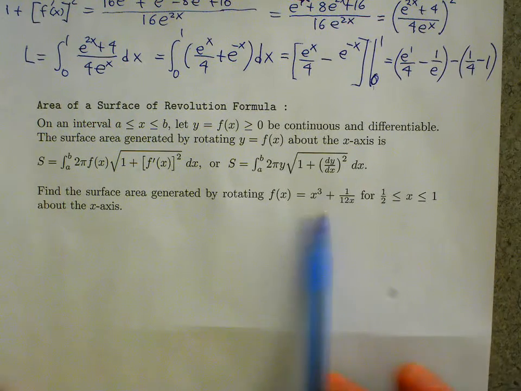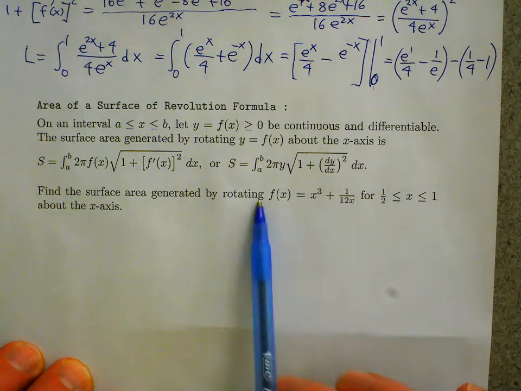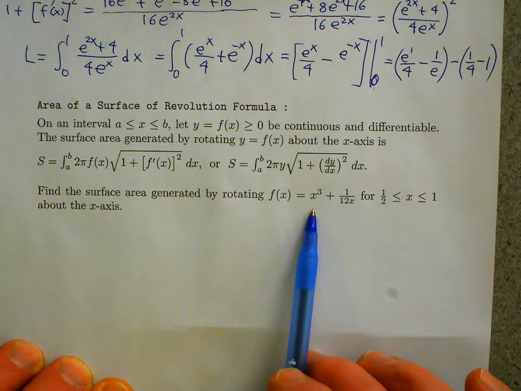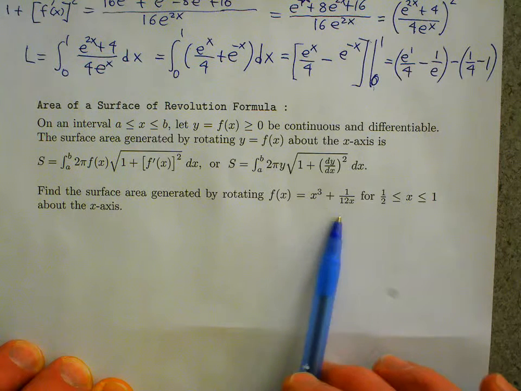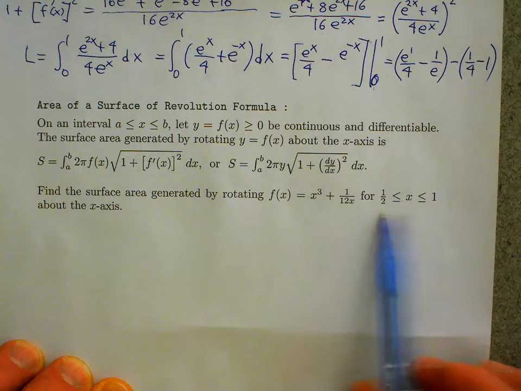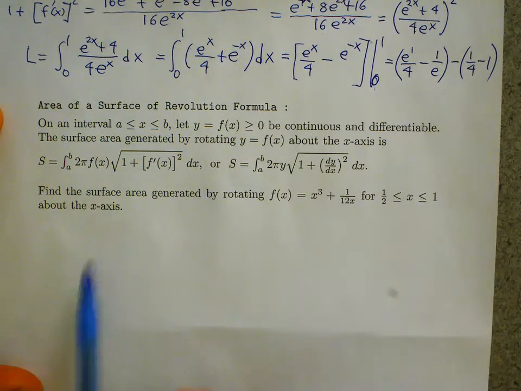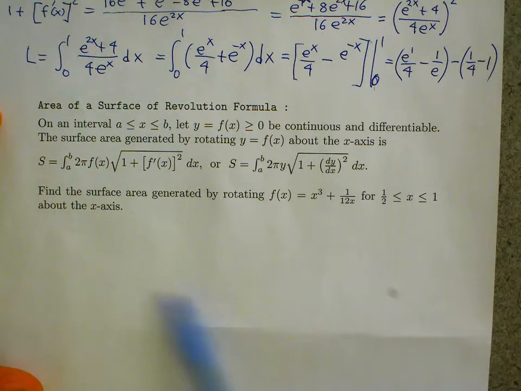This next one, find the surface area generated by rotating f of x equals x to the third plus 1 over 12x for values of x between 1/2 and 1. The computations are pretty straightforward, but it is long and drawn out.